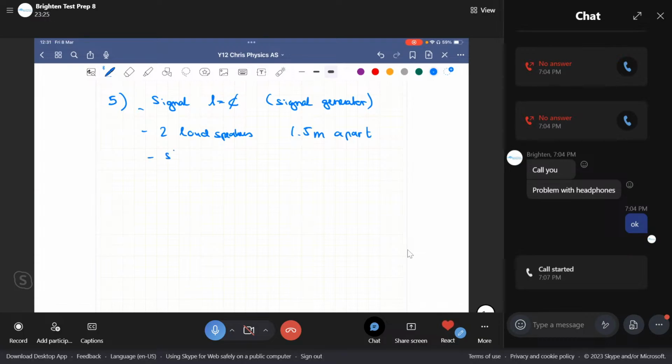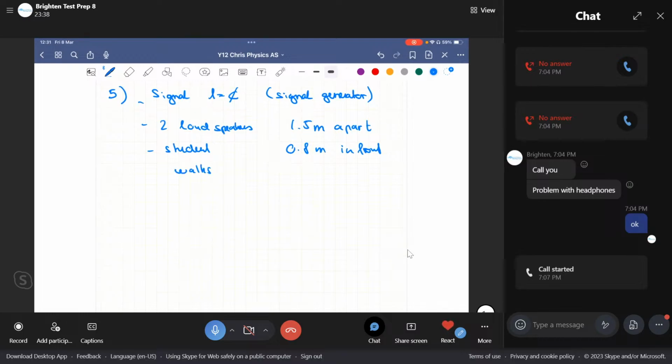And we have a student 0.8 meters in front of the loudspeakers who walks in a parallel line. Basically he goes from left to right at a constant distance to the loudspeakers. Left to right, right to left, that's not really the point here.